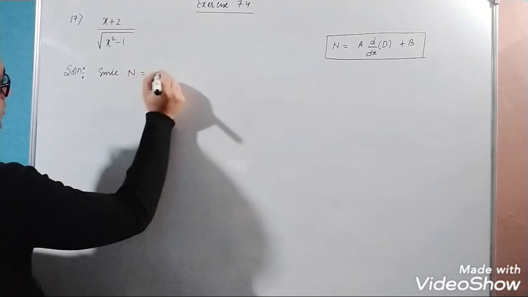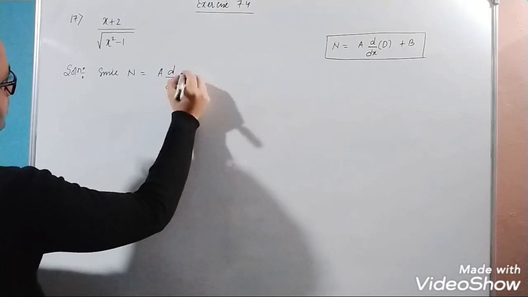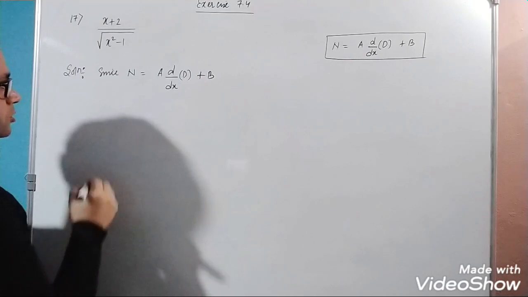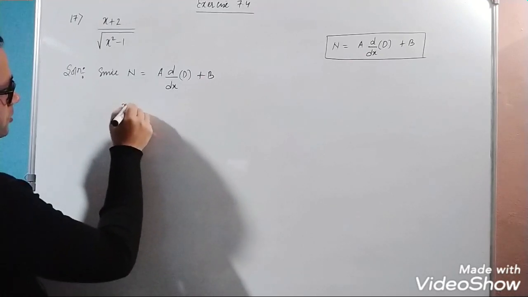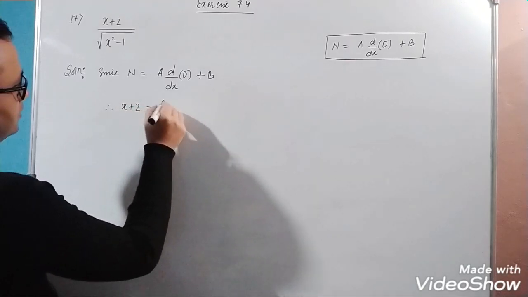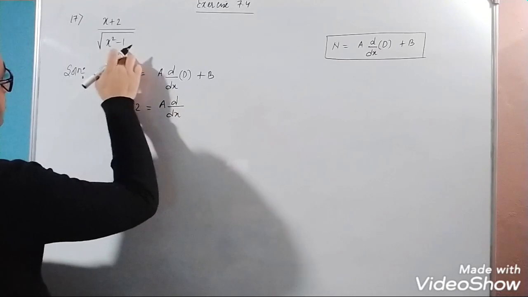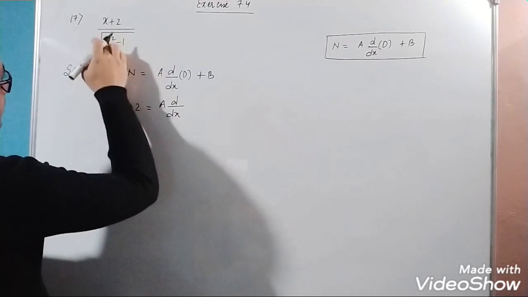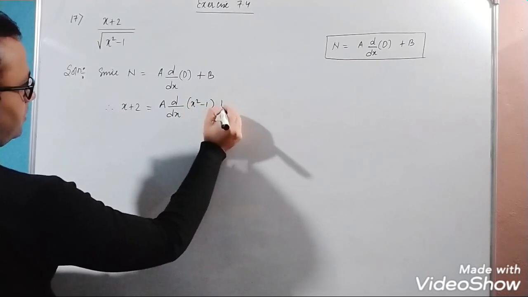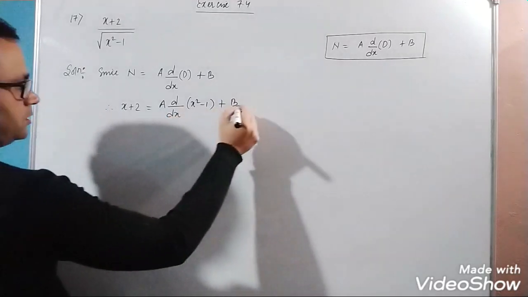Numerator equals A times the differentiation of the denominator plus B. So the numerator x plus 2 equals A times the differentiation of the denominator, and in the denominator we take only x square minus 1, plus B. So this is equation number 1.